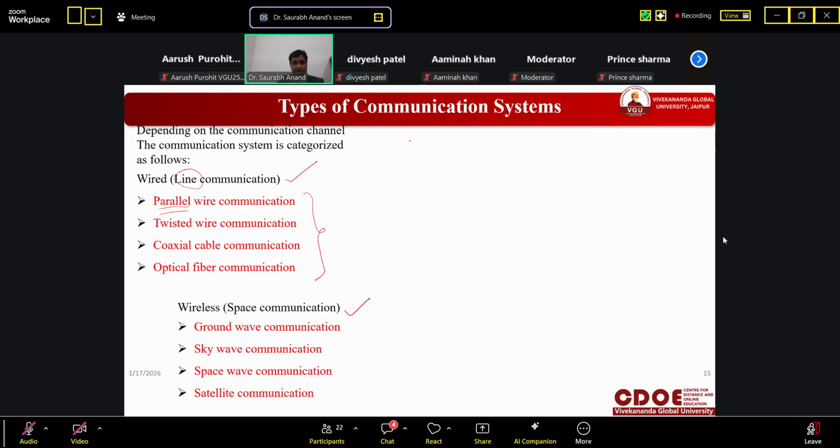So there was a cable like this. Two parallel lines were there. This is one wire, this is the second wire, and this was the plastic part. So this cable is known as parallel wire communication.